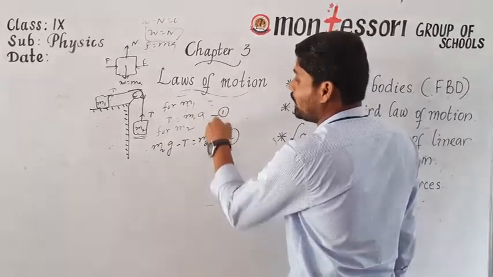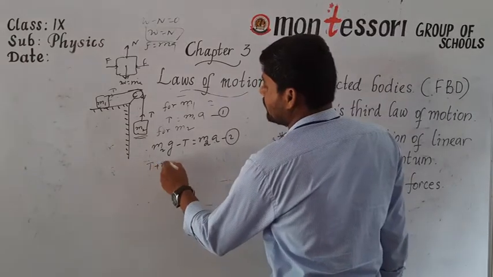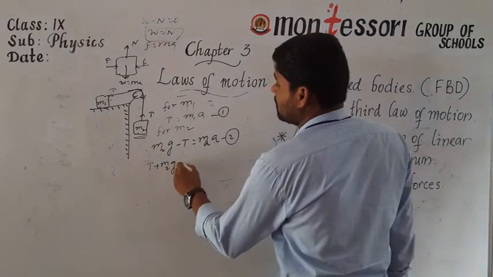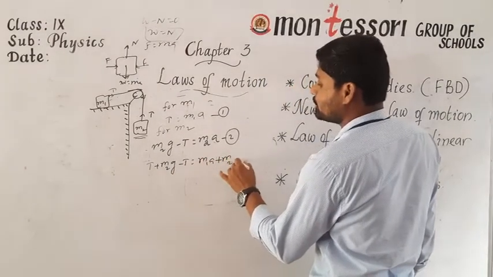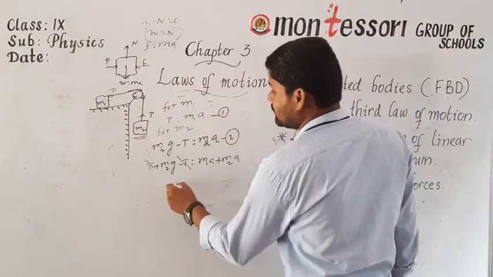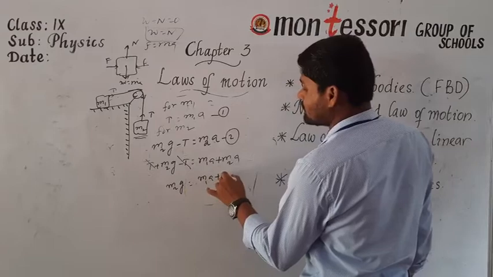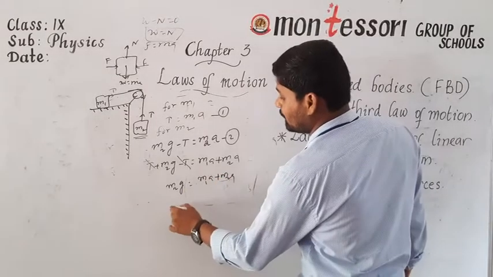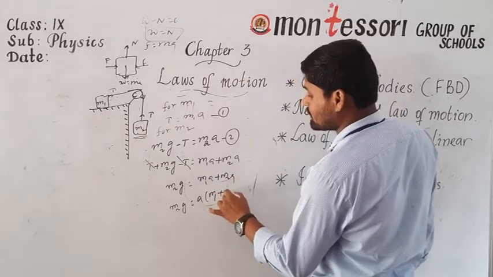If you add 1 and 2, what can we get here? T plus M2G minus T is equal to M1A plus M2A. Here T gets cancelled, then M2G is equal to M1A plus M2A. If you take A as common, M2G is equal to A into M1 plus M2.